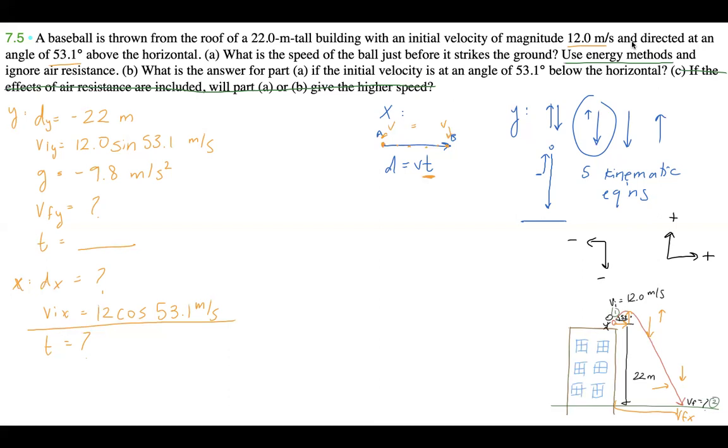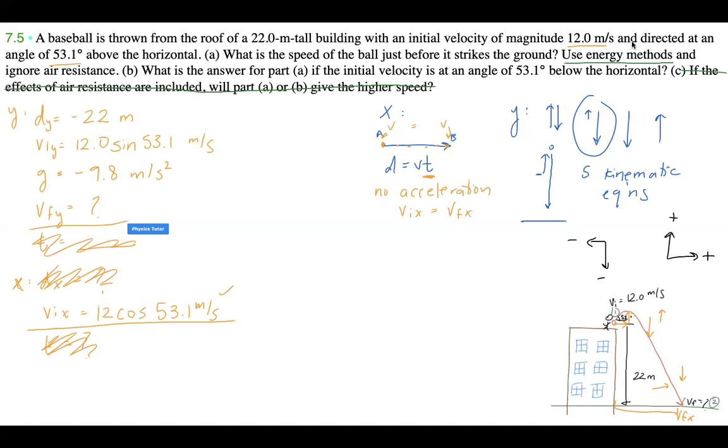So if there's no acceleration, VIX is equal to VFX. So guess what? We actually don't even need to think about time or dx for now. We don't need those two things, so all we need to do is solve for VFY.